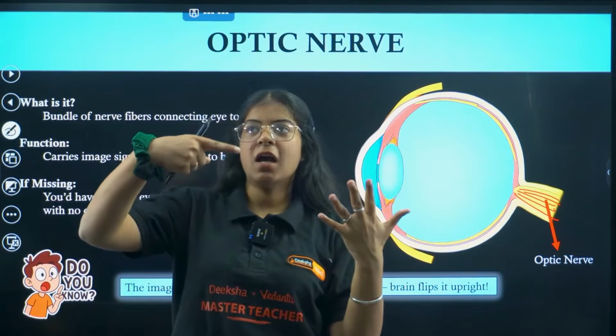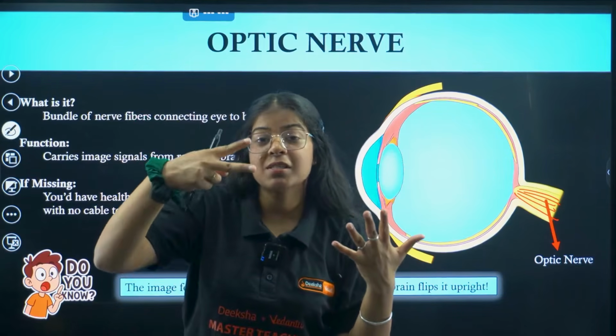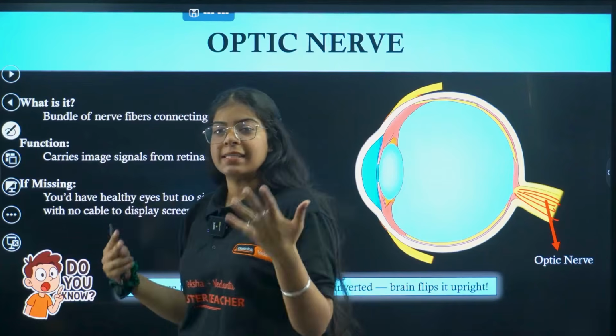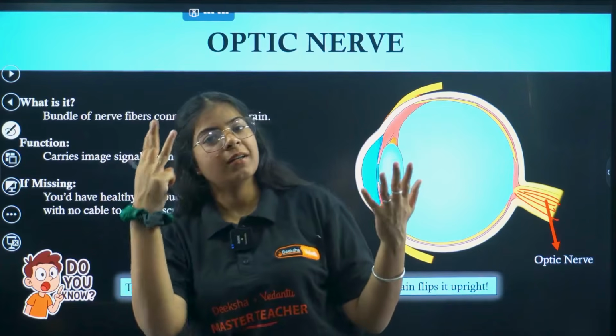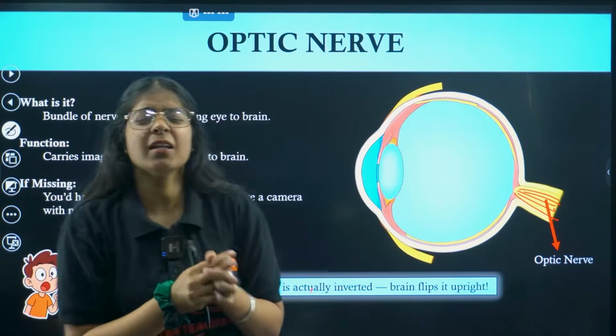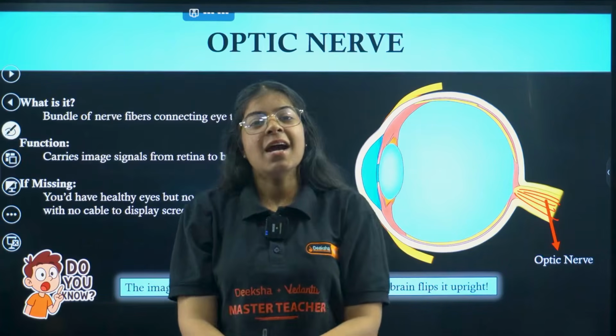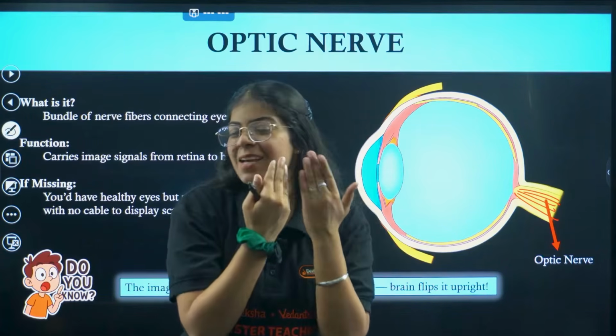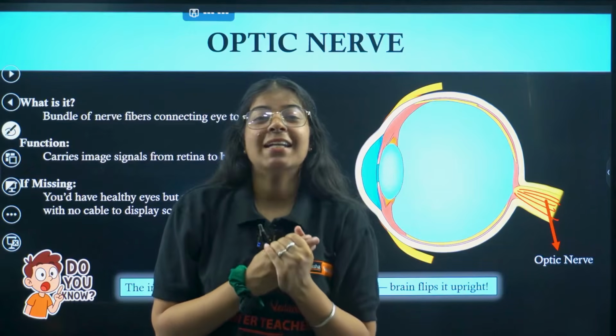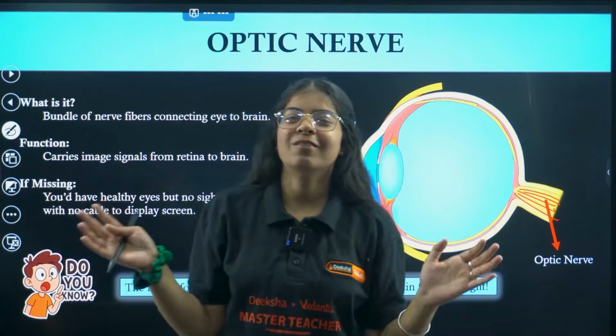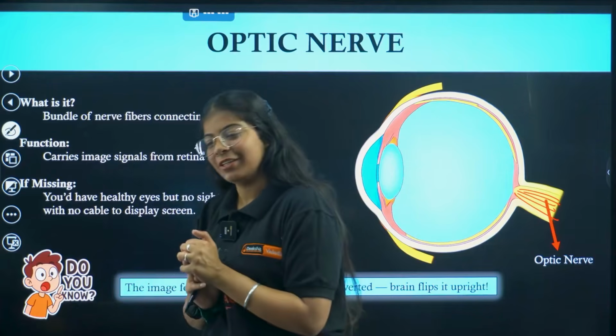Then it was the retina, then the ciliary muscles which are holding our lens. Then it was the optic nerve. So these are all the small things that we studied about our eye, and all these come together to form this small baby that lets you see all this beautiful world, beautiful colors around you.